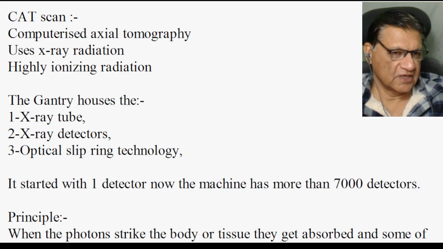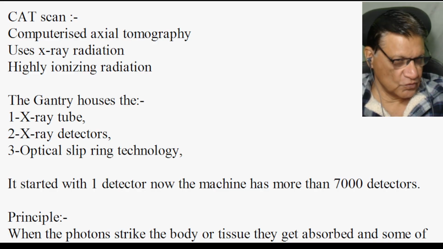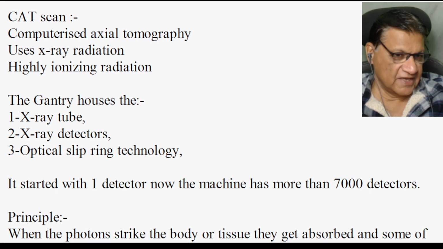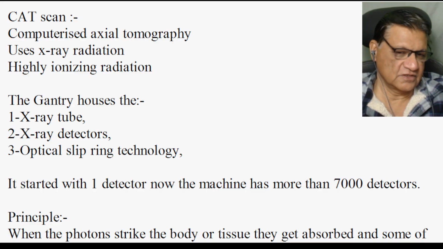If you see the CT scan machine in the CT scan room, there is a big round circle in which there is a table. That big circle is called the gantry. Now, this gantry houses the X-ray tube, X-ray detectors, and optical slip ring technology.